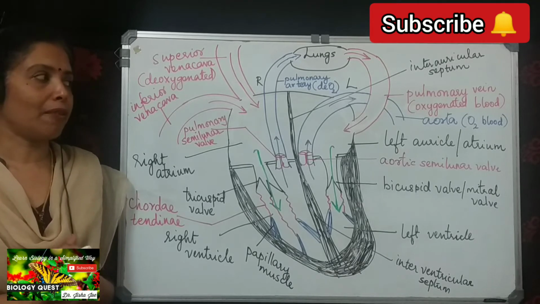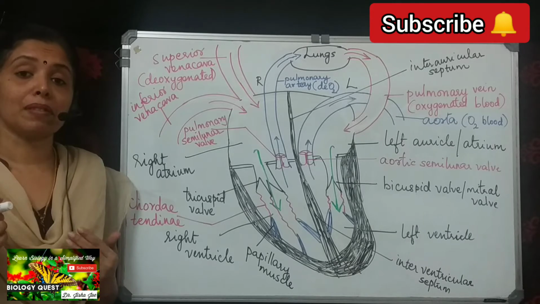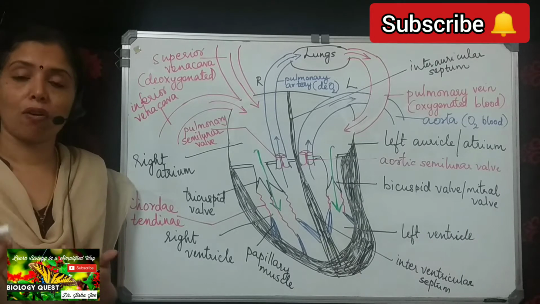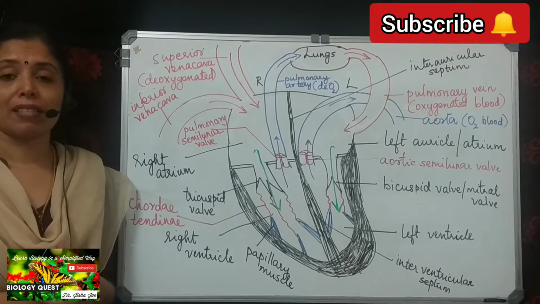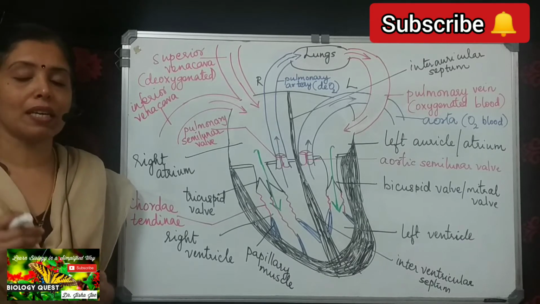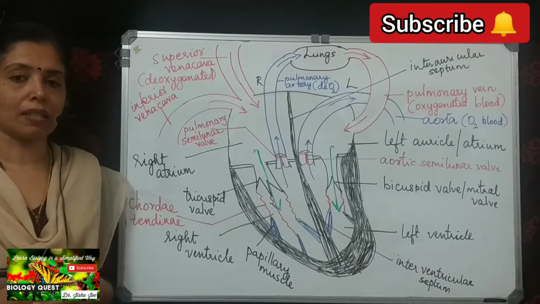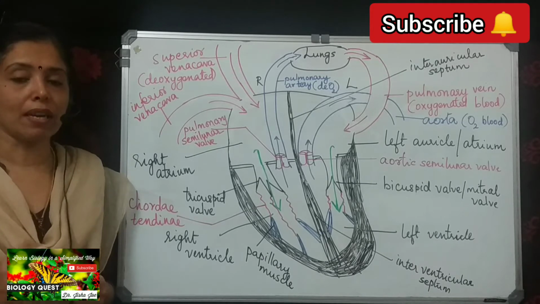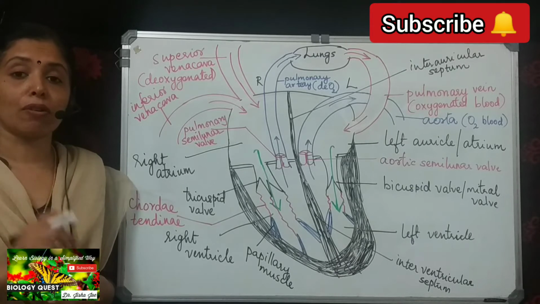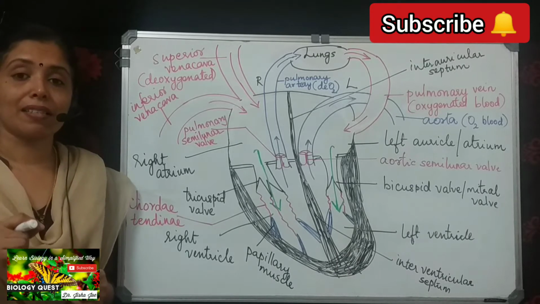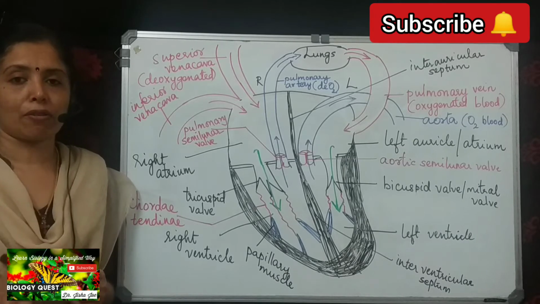So we will have a look at the blood vessel that supplies oxygenated blood to the heart muscles. It is the coronary artery that supplies oxygenated blood to the muscles of the heart, and the coronary artery arises at the base of the aorta.